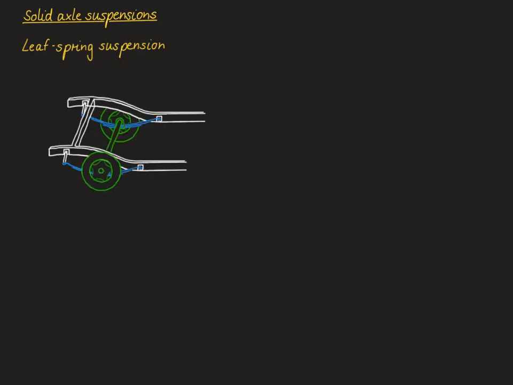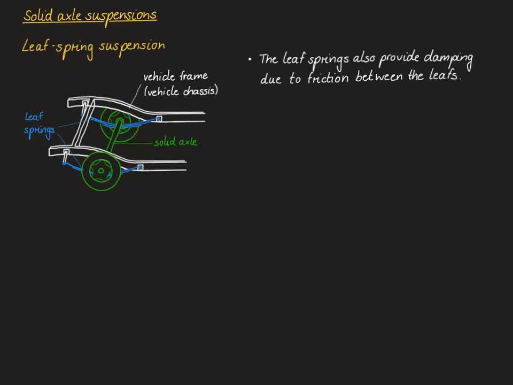For the leaf spring suspension, the solid axle, shown in green here, is attached to the vehicle frame, which is the basis of the vehicle chassis, by using semi-elliptic leaf springs that are shown in blue here. The leaf springs also provide a damping element due to the friction between the leaves.